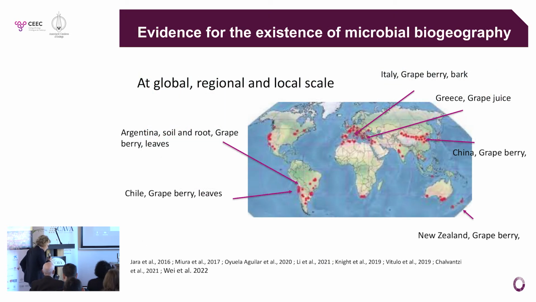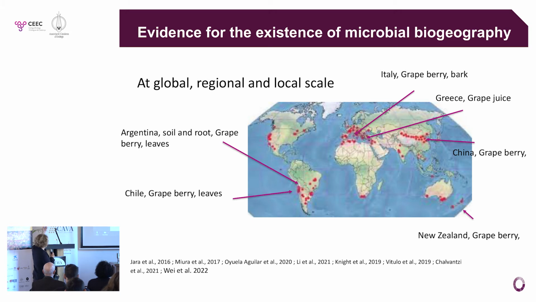So then, going on with this first research work, many studies have been done all over the world that confirm the existence of microbial biogeography. Those studies were conducted at different scales, global, regional, and local, taking into account different compartments.